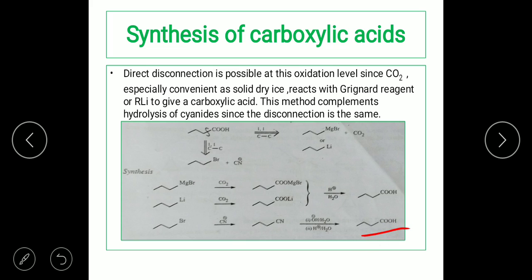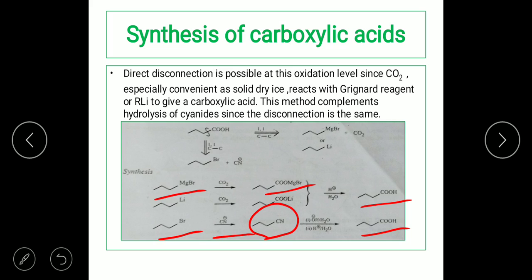Carbon dioxide can react with the alkyl magnesium bromide to give rise to the carboxylic salt, COOMgBr, and this on acid hydrolysis is going to give rise to the acid. And the second method is, you react the alkyl bromide in the presence of cyanide anion. It is going to give rise to a nitrile group.